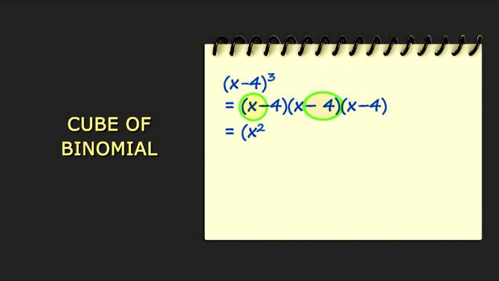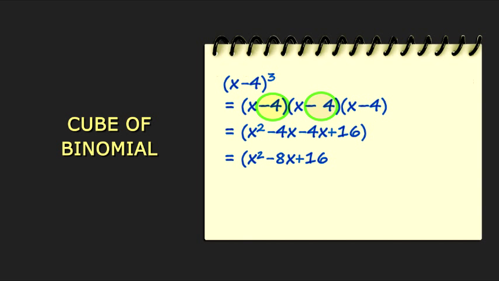And then x times negative 4 equals negative 4x. Then, we're gonna multiply negative 4 to x, and it becomes negative 4x. And negative 4 times negative 4 is equal to positive 16. Now, we simplify and we get x squared minus 8x plus 16. That's the answer for the 2 binomials.